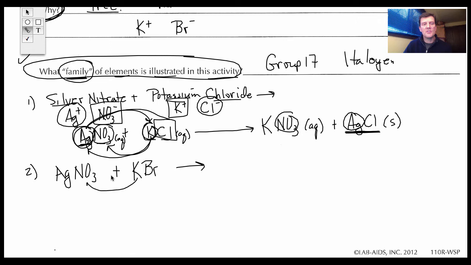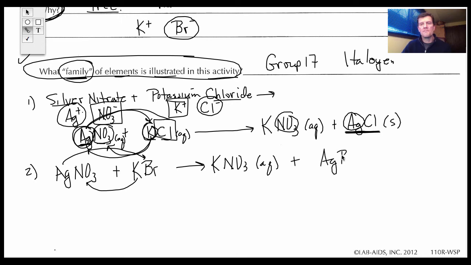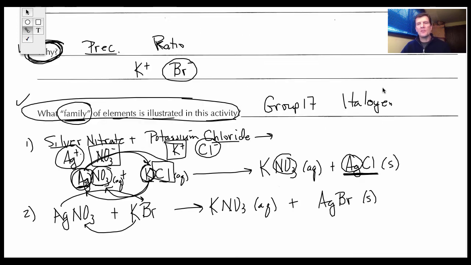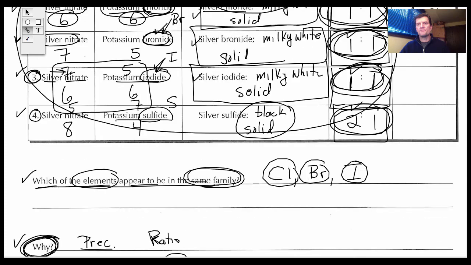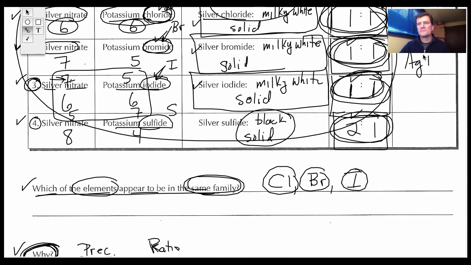So the potassium with the nitrate, we already did that. That's soluble. This is still going to be AQ. But the silver with the bromide, silver is a +1, bromide ion a -1, just one of each of those. This, again, is not soluble. So this is going to be a solid, and we can put it in our table. Okay?